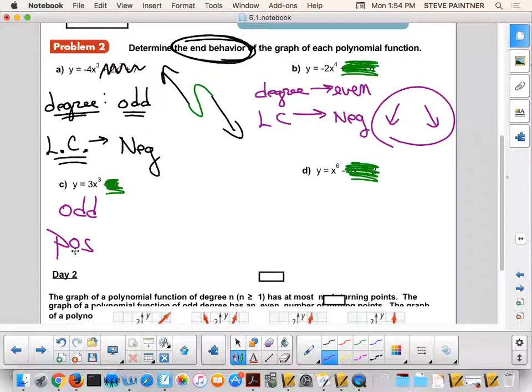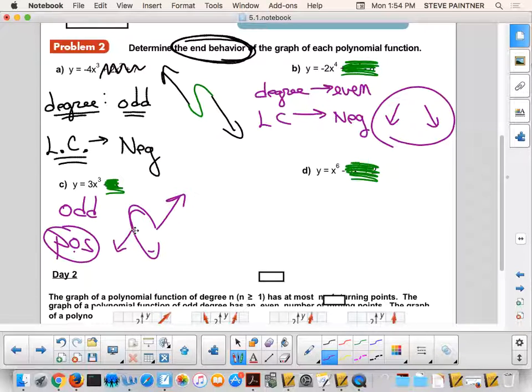Positive means a line that goes uphill. When you see positive, think positive slope. How does positive slope look? Uphill, down on the left, up on the right. How does negative slope look? Downhill. So this is a line going up, and you just don't know what's going on in the middle.